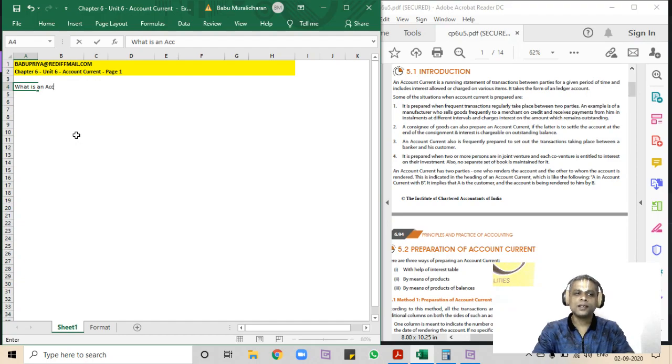What is an account current? By the meaning itself, we know that it's a current account, but not with a bank. It's not mentioned in terms of a current account being maintained in the bank, but a running account, where there is a frequent or regular flow of transactions between the parties.